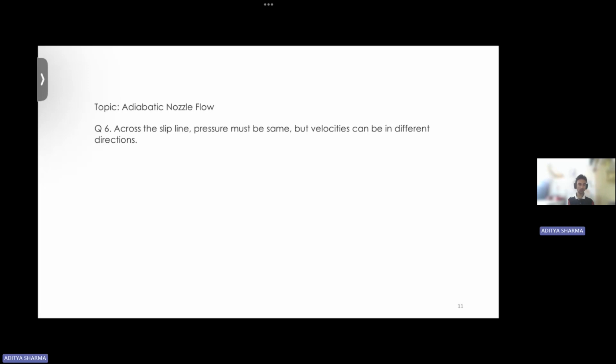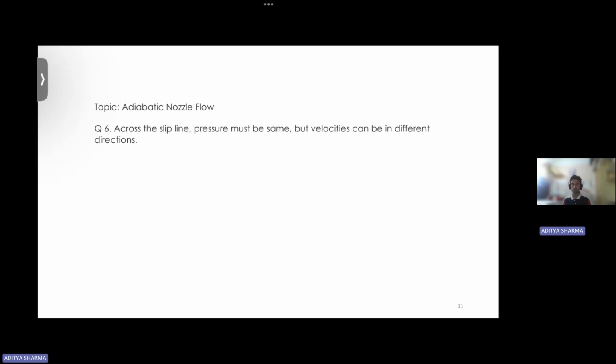So the question says that across the slip line, pressure must be the same, but velocities can be in different directions. From the previous lecture, we have seen that across the slip line the static pressures remain the same, because if there are pressure differences, there will be flow across the slip line.